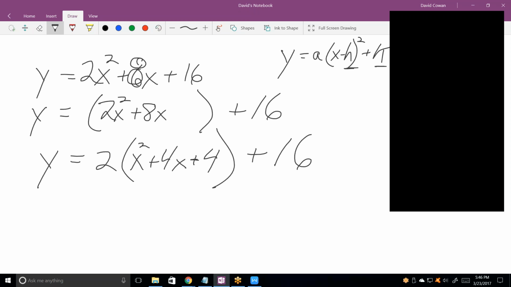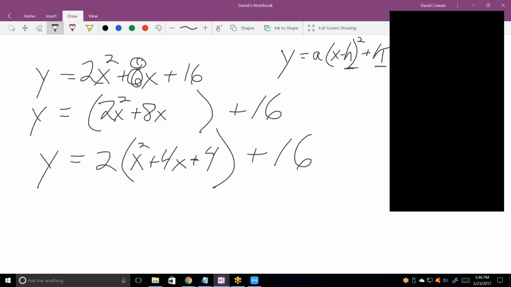Now, when I wrote that 4 in, how much did I add to the right side of the equation? What do you subtract? How much did I increase it by? In other words, what's the difference between not having a 4 there and putting a 4 in there? In other words, how much do I have to subtract from 16 to counterbalance that 4 I just put in there?